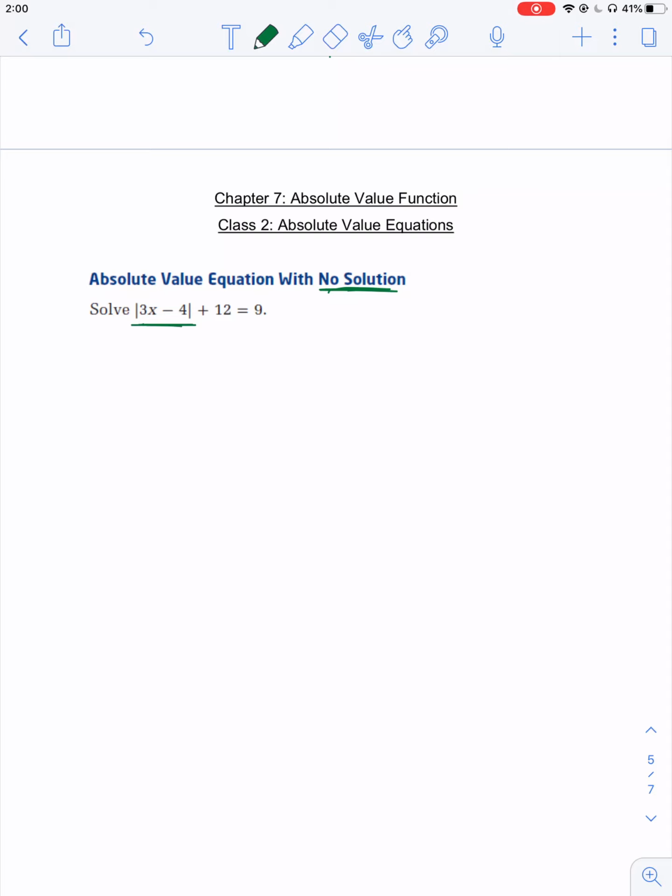In this case, I need to get rid of this 12. So I'm going to do minus 12 on both sides. So then this becomes the absolute value of 3x minus 4 equals 9 minus 12, which is minus 3. But you see here you have a problem, because by definition, when you take the absolute value of something, the result will always have to be positive or 0.